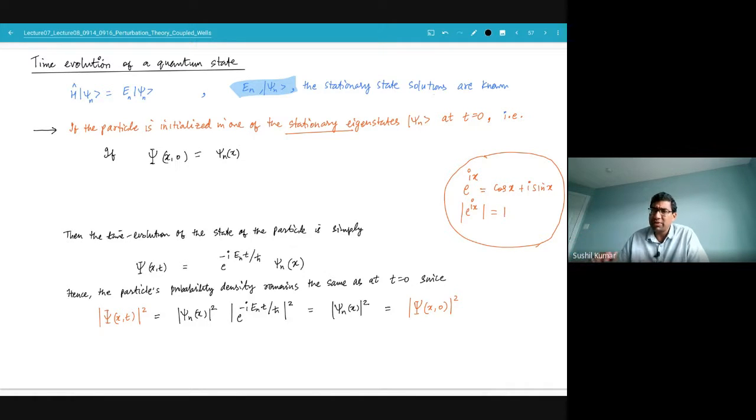Does that mean the wave function will remain like this forever, psi n? No, that does not mean that. So for example, here is what I have written.